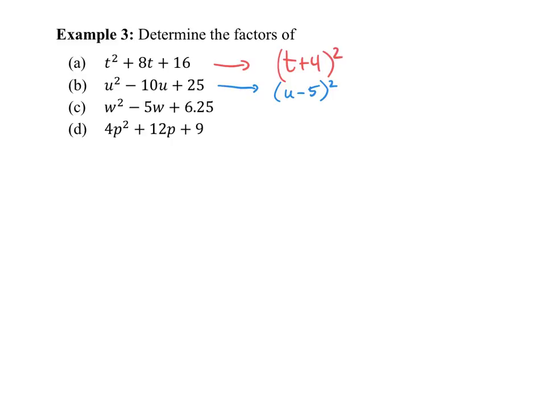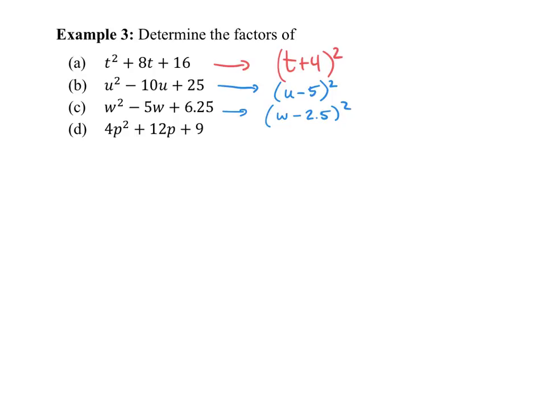What's the square root of 625? The number is 2.5, because the answer would be 25 there. So this turns out to be w minus 2.5 squared.